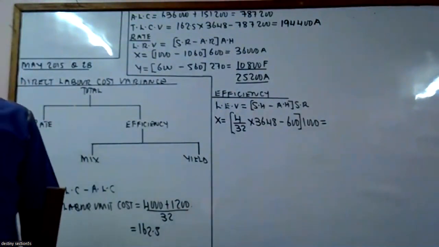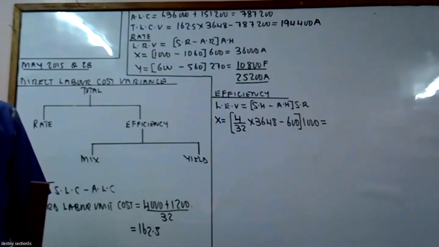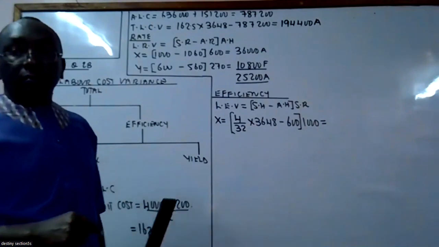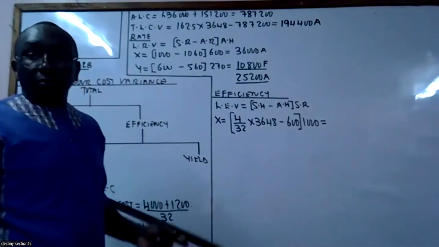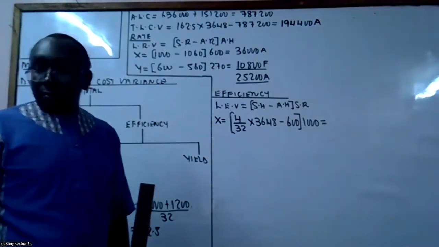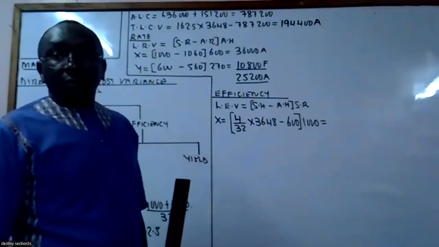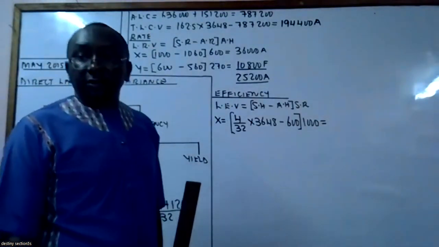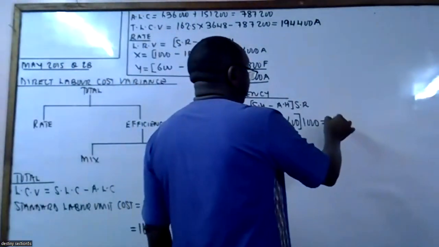So tell me what that value is. 144,000 adverse.